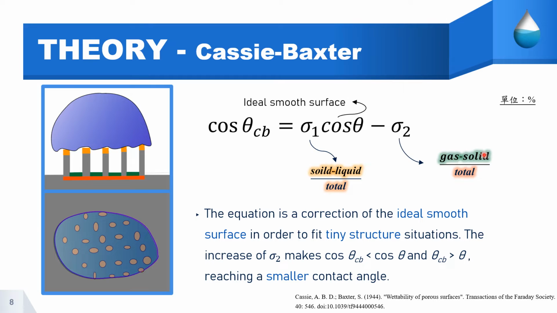And the gas solid part is green and the total is still red. So by writing down this equation, we can conclude that the increase of sigma 2 makes cosine theta CB smaller than cosine theta, and theta CB is bigger than theta. So this creates a smaller contact angle.